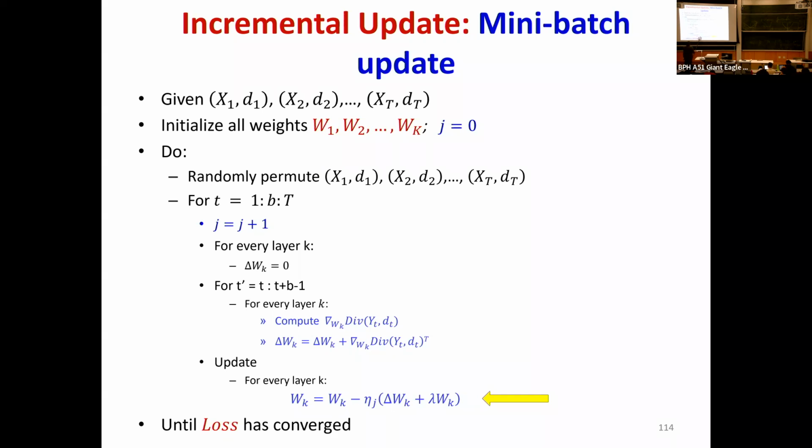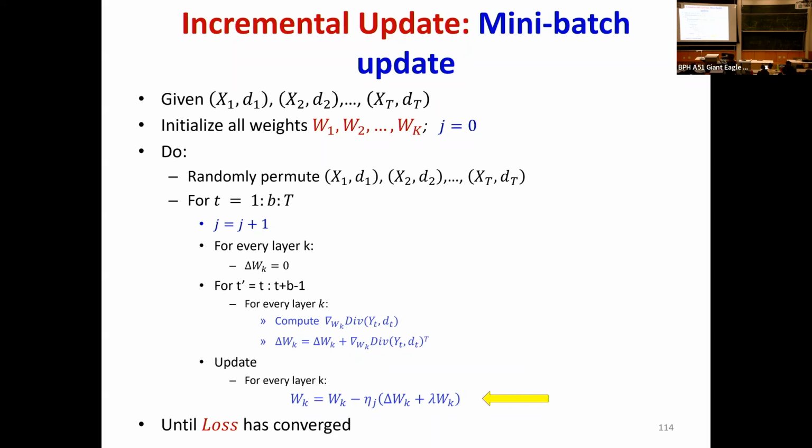The update rule says that each W you adjust by minus eta, that is your step size, times the gradient plus lambda times W. Correct? So can you reorder those terms? You could potentially reorder them, right?